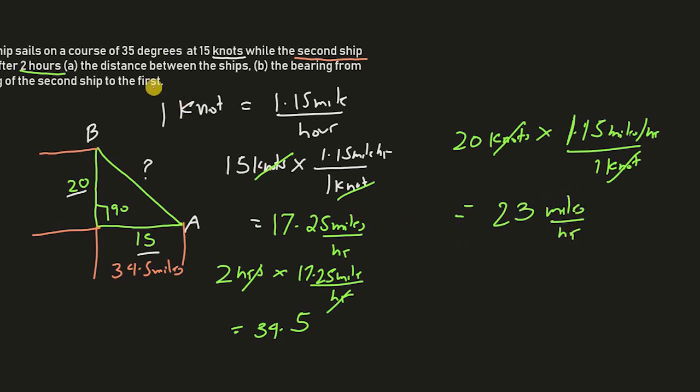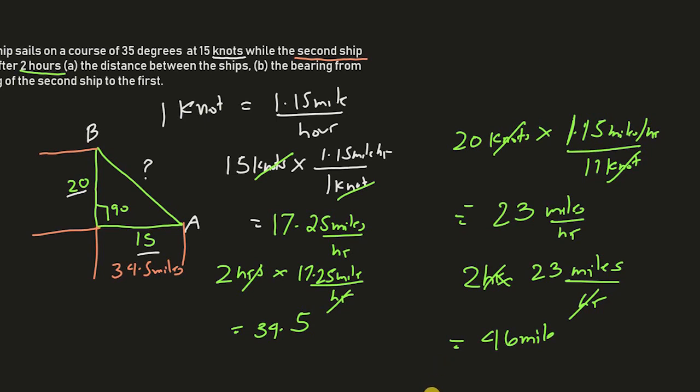It is also 2 hours, so after 2 hours, what distance did it cover? Times 23 miles per hour, the hours cancel. 23 times 2 is equal to 46. So 46 miles is the distance it covered.